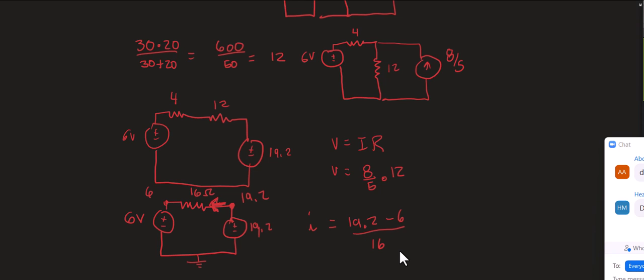So the current is entering into the positive terminal of the 6-volt voltage source. And so that means that power is absorbed. Okay, questions?